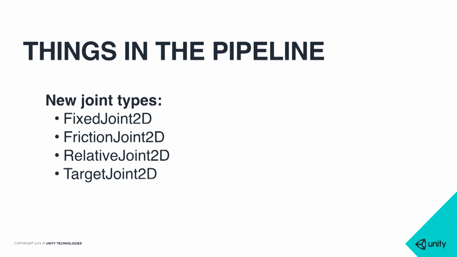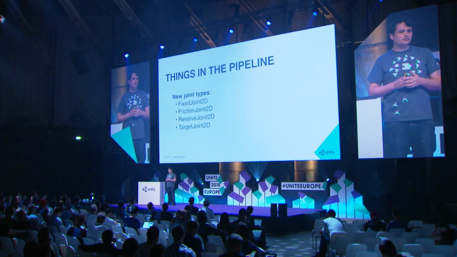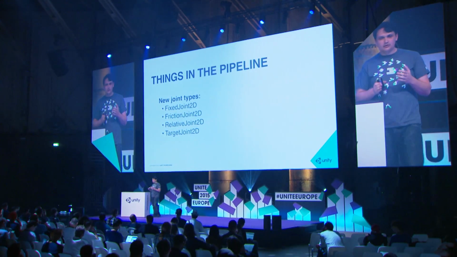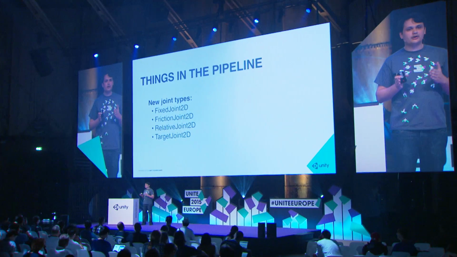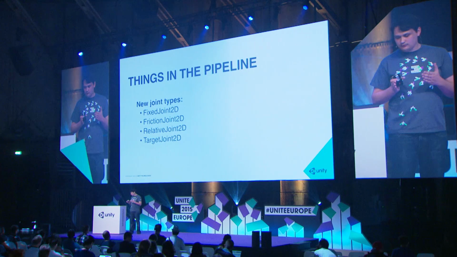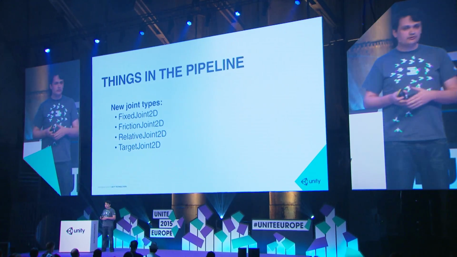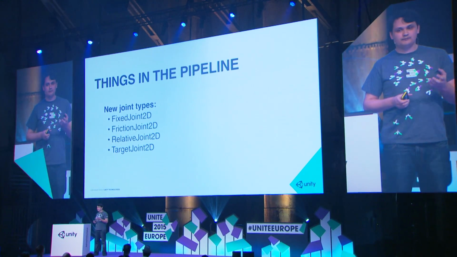There is actually a spring internally, so you can set how stiff you want the spring to be. It can be either completely rigid or not. Then there is a friction joint, which applies linear and rotational friction. Then the relative joint is useful to keep the orientation of two bodies aligned. Then the target joint is a simple joint to attract your object towards a goal.